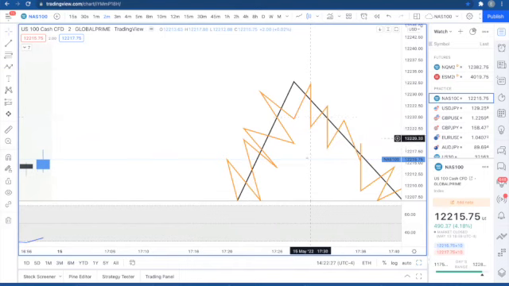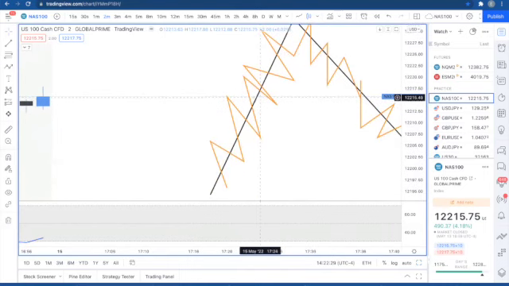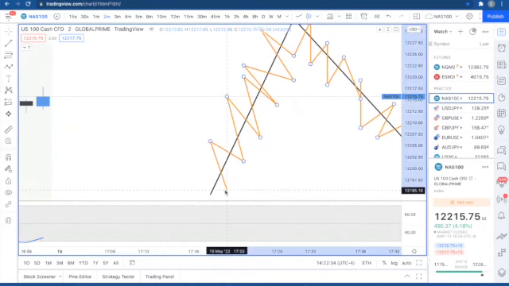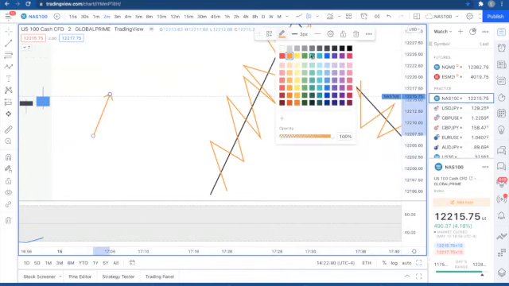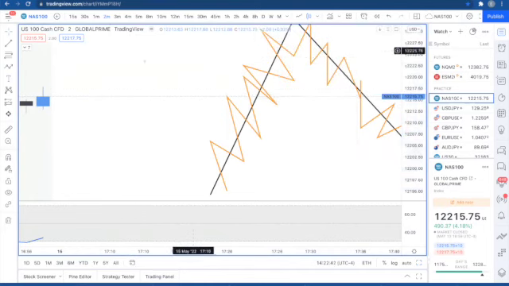And that goes even further, right? So we know that the black is the hourly, the orange is the 15-minute. So within the 15-minute, let's say you went to the 1 minute time frame, and we'll change this to a different color to represent that.